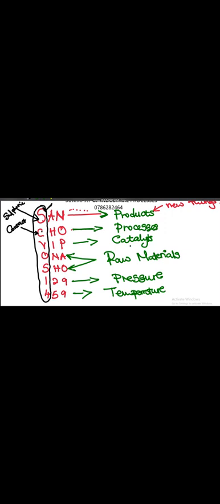Moving on to the catalyst. Vanadium V oxide is used as a catalyst. So sulfuric acid is manufactured using the Contact process, and the catalyst used there is vanadium. Vanadium pentoxide, or vanadium V oxide.